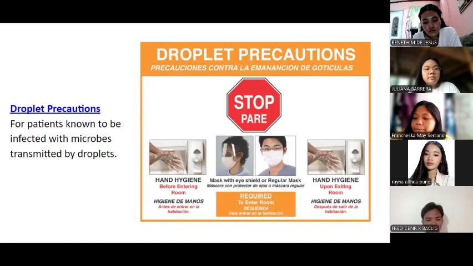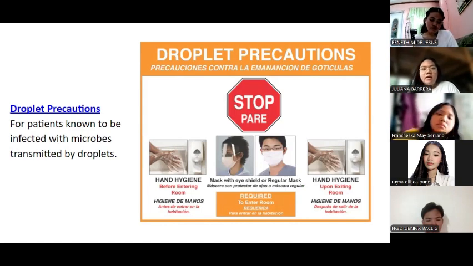Transmission occurs when droplets containing microbes are propelled in a short distance through the air and become deposited on another person's conjunctiva, the eye area, nasal mucosa, the nose area, or the mouth. Because of their size, droplets do not remain suspended in the air, unlike airborne transmission. So, ayan.